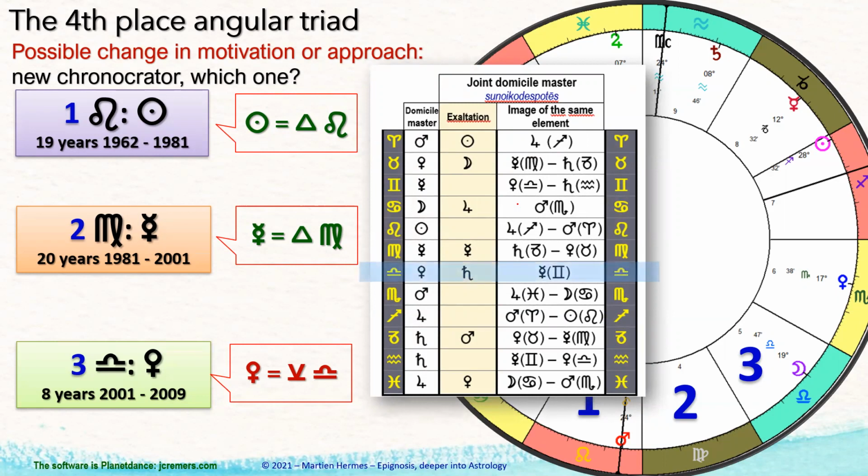Now the first one is always, I explained this in a previous video, the first who comes into view is always the exaltation ruler of the image, in this case being the scales, Libra, and the exaltation lord of Libra is of course Kronos, Saturn. So we have to check whether or not Kronos can see its image, the scales, Libra. And yes, it can, because there's a trine between them. So what we now see is that the managing director of this period is Saturn and not Venus.